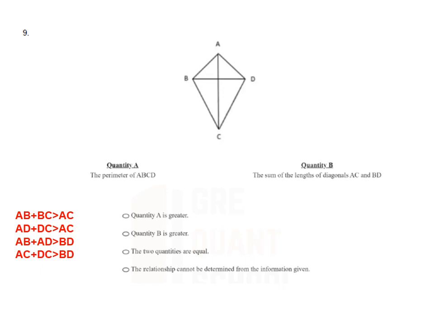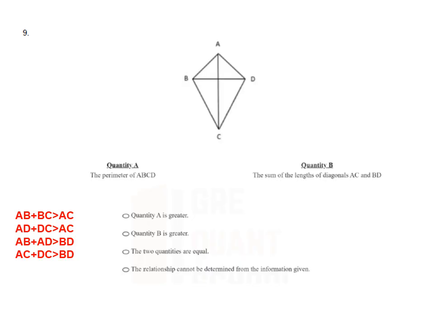So AB plus BC is greater than AC. Forget the other part, that is ADC. Consider ABC a triangle. So the sum of two sides will be greater than the third side, right? So AB plus BC is greater than AC. And now ADC is another triangle.